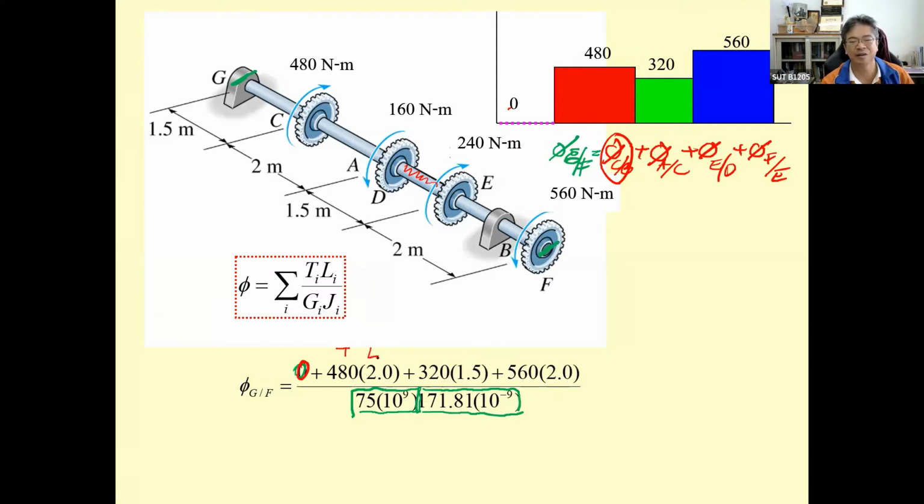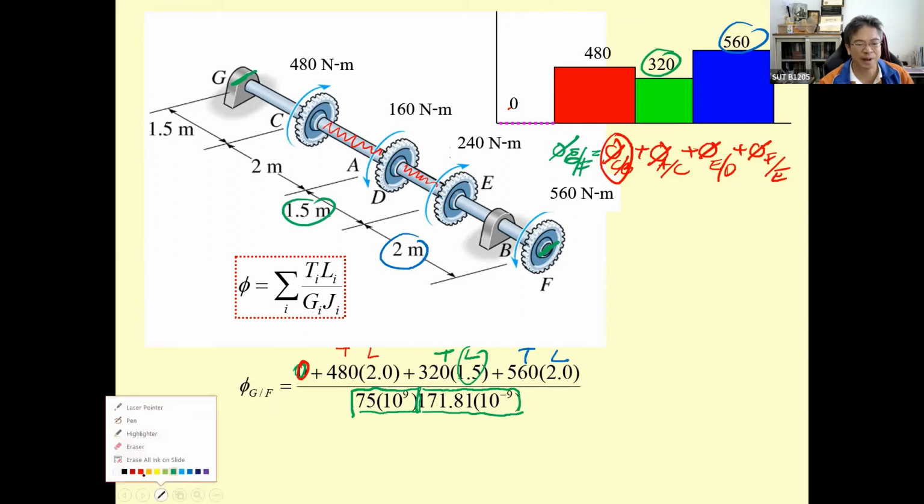So only the TL, this is going to be this portion, and the next one is going to be green. So this is going to be 3L for this one, and the last one is going to be blue. So for this one it is going to be TL. This is 2 meter, this is 1.5 meter, and this is going to be 2 meter.